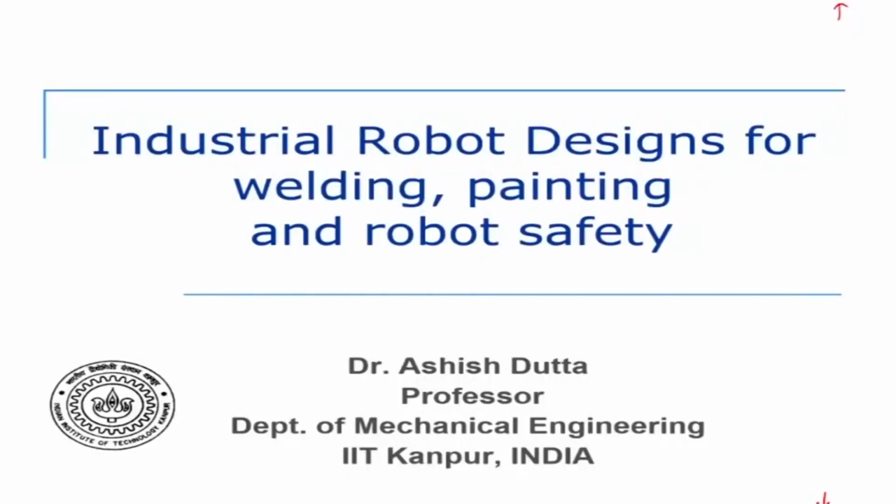In terms of industrial designs, what are people looking at now in terms of applications of robots in industries? So today we are having the class on industrial robot designs for welding, painting, and robot safety, and we'll see also that in the future what kind of robots are being targeted for industrial applications and why. This question of why is very, very important, and we have to keep it in mind as we go ahead.